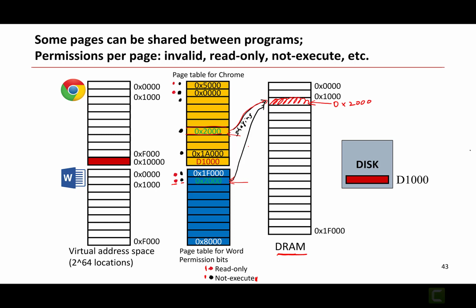So now the operating system knows that Chrome trusts Windows Word. And similarly, Windows Word would say, I trust Chrome by providing its process ID. Now the operating system knows, okay, these guys trust each other, and so therefore, it allows these two processes to map to the same physical space.